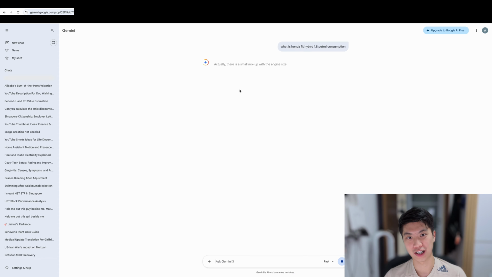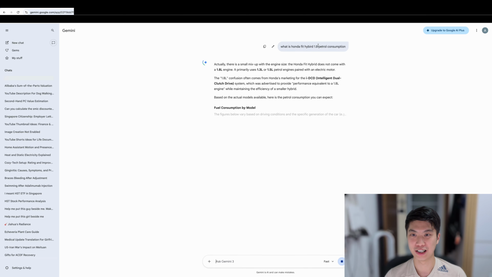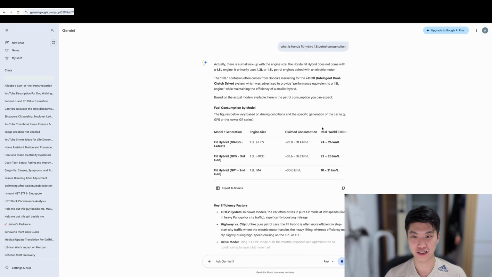Let's do a quick one lah. But at that time I didn't use Gemini lah, so I searched manually. You will see here they tell you about 33 to 37, so I just use the 33 lah.